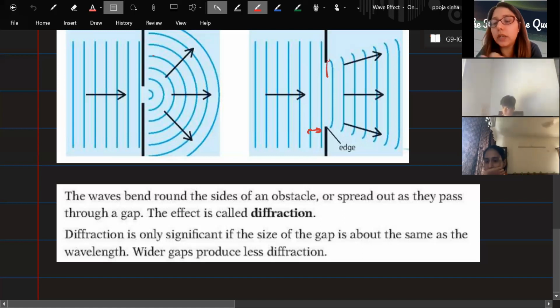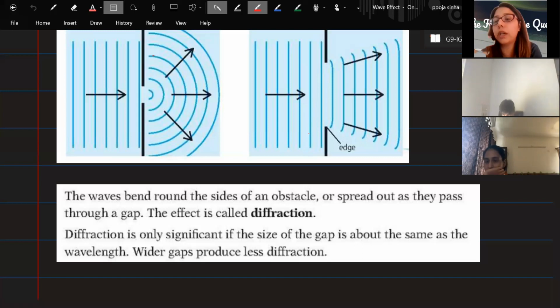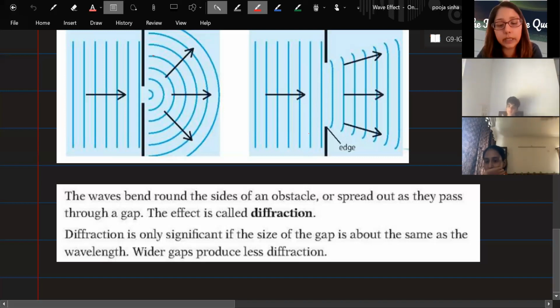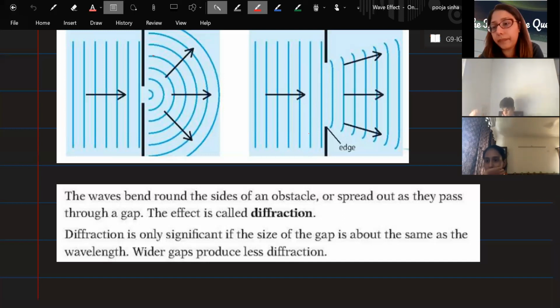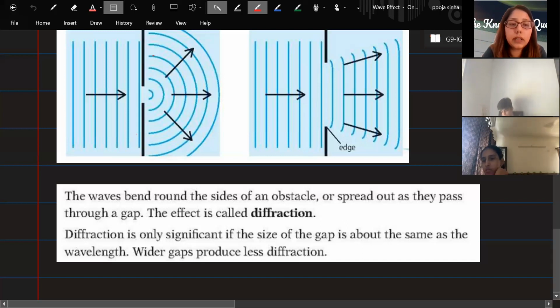So if my question was, if I do not want to change anything in my obstacle, then how do I increase the diffraction? Trisha, how do I increase the diffraction? I don't want to change the obstacle at all. I didn't understand the question. Okay, my question once more. In this case, you see that the wavelength is this much and the gap in the obstacle is this much.